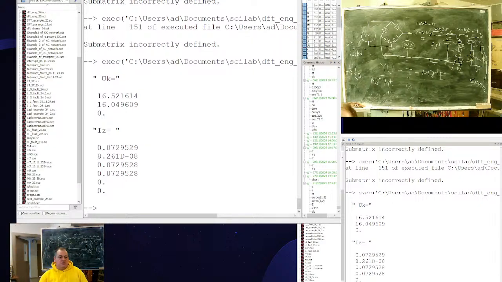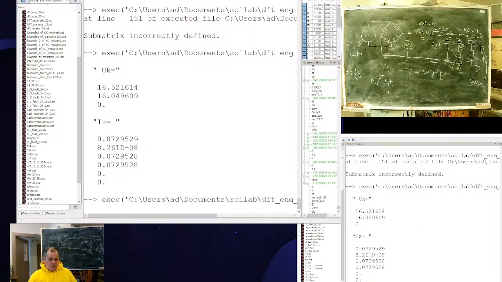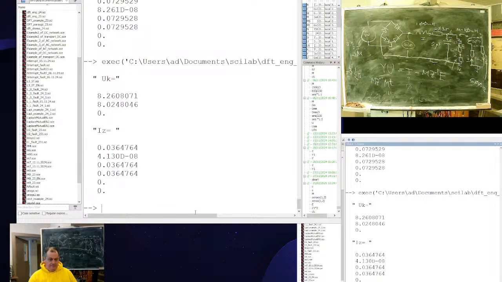Fourier this way. Voltage. Okay. 8.26, it's correct.